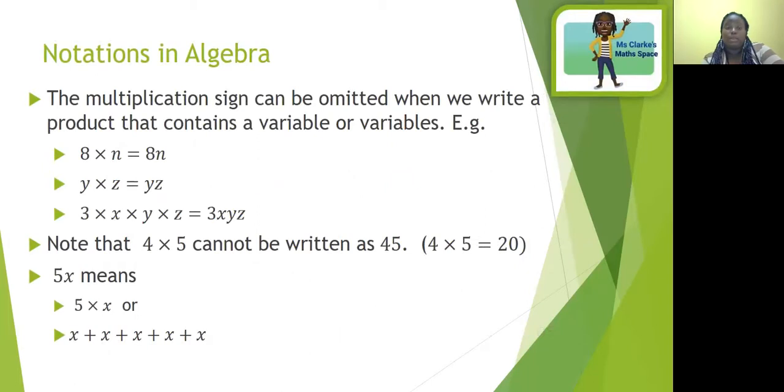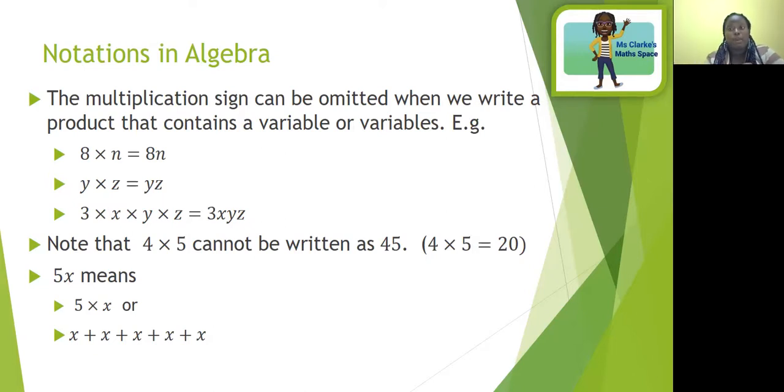So there are some notations in algebra, and I'm going to go through them step by step. The multiplication sign can be omitted when we write a product. Product means to multiply. So when we multiply, we can sometimes forget that multiplication sign when we write a product that contains a variable or more than one variable. So example, 8 multiplied by n.